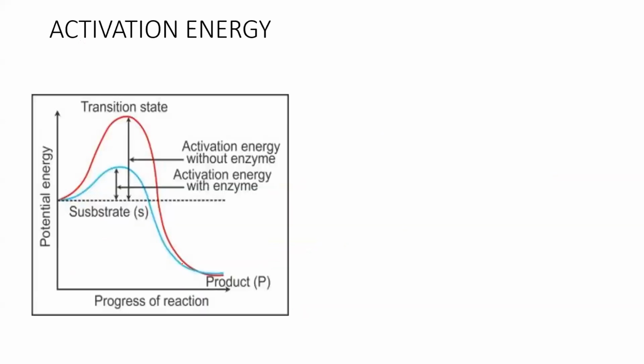Now next is activation energy. This shows how enzymes work. This is the graph, this is the potential energy, and here is the progress of reaction, the time. So here is the substrate and here is the product.